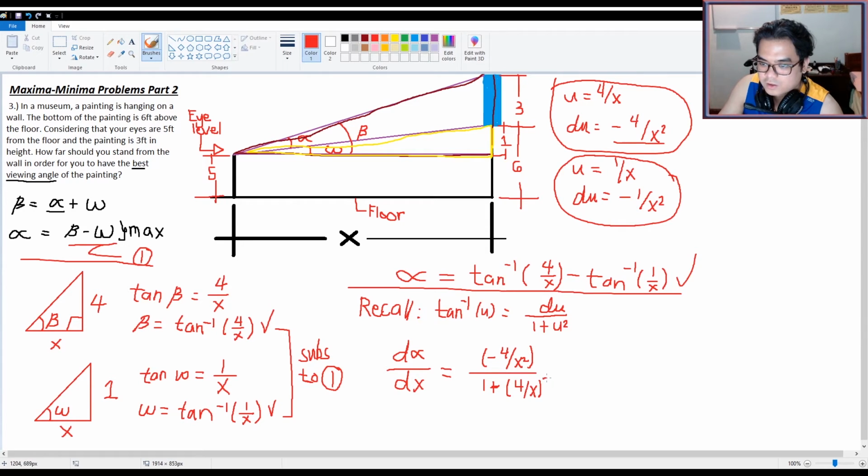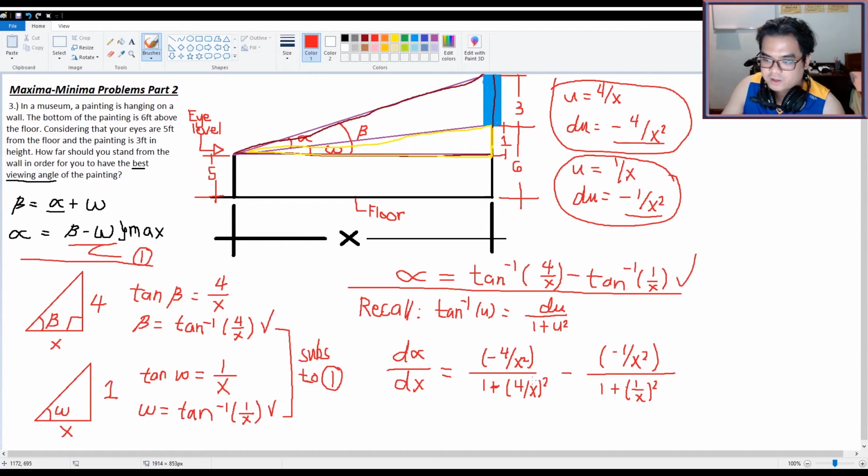Don't forget the u squared. Minus now, your du is negative 1 over x squared, and then 1 plus 1 over x squared.